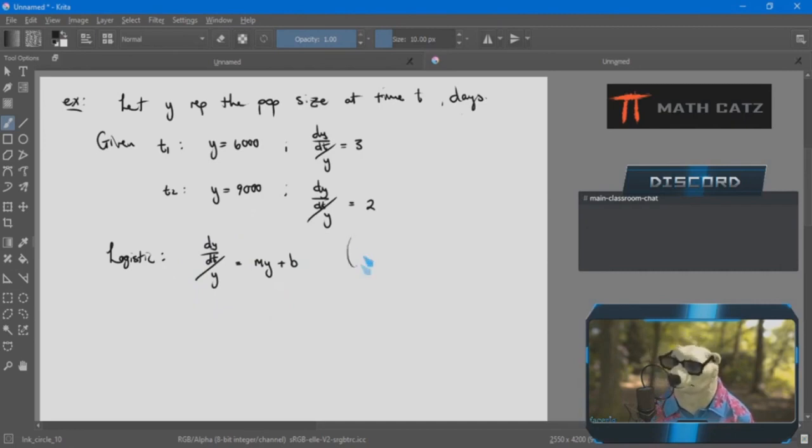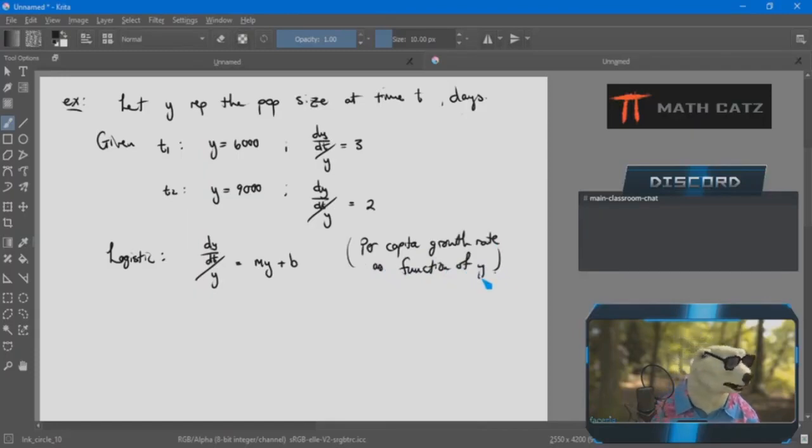Let's say here, per capita growth rate as function of y. So that might be the little adjustment we need to make. Okay. So it's still the slope m.